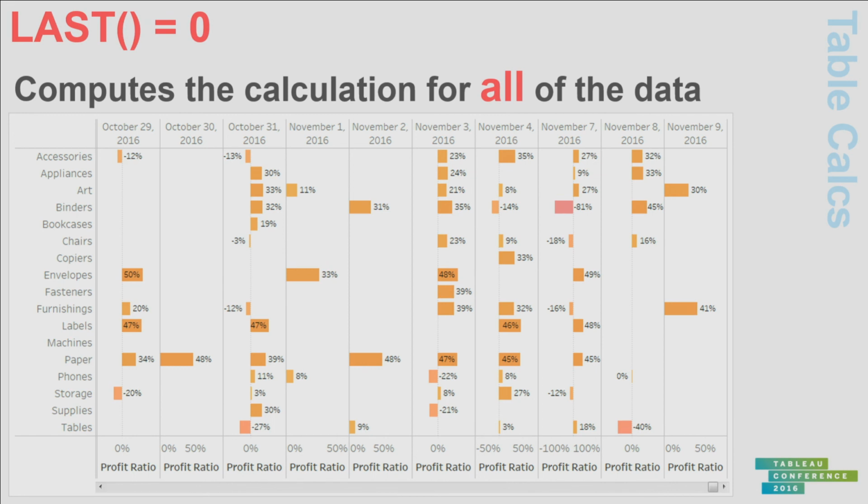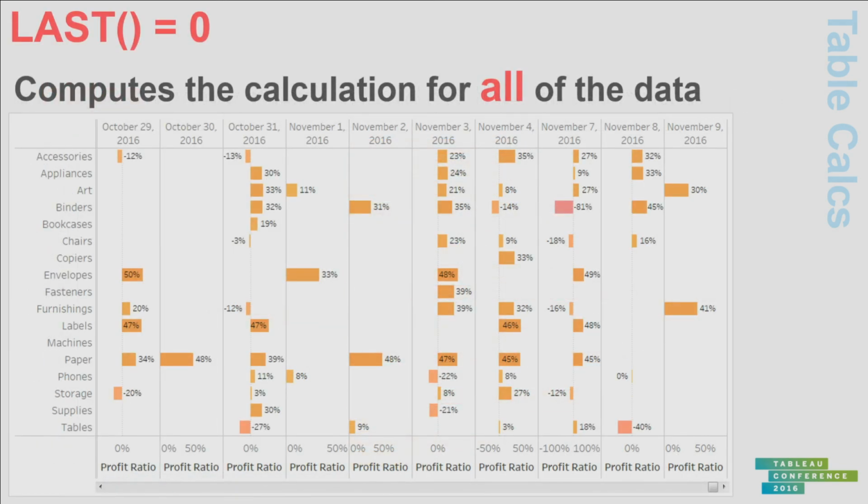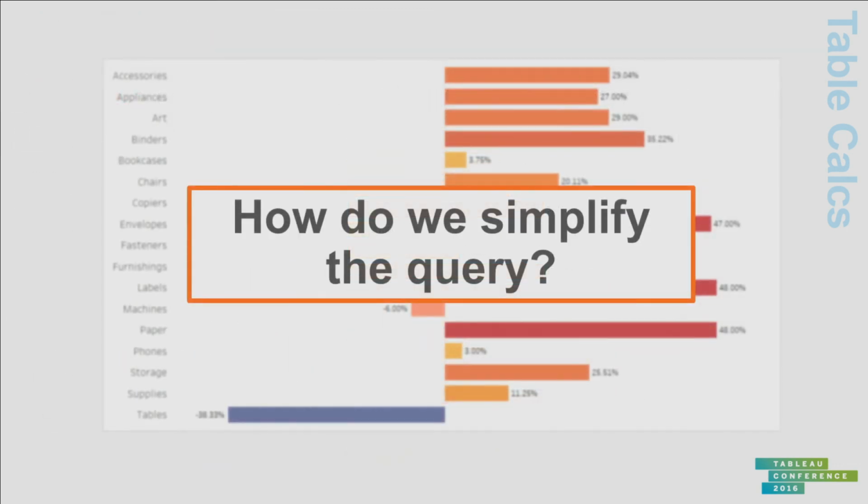And the last equals 0 filter hides that from our end users, but it doesn't change that this is still what we're doing. Right, so logically, it would make sense for us to filter on this date first and then run our profit ratios so that we're not running unnecessary calculations that our end users don't care about in the end.